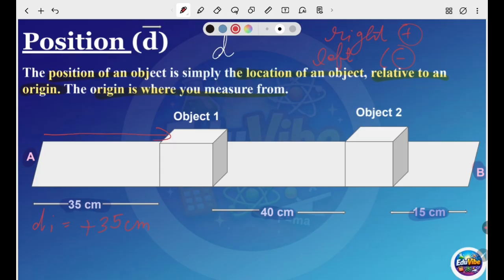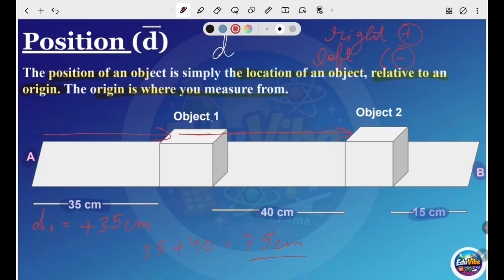Now here it goes 35 centimeters, and after object 1, they travel to object 2. So when they travel to object 2, they have a total distance of 35 plus 40, which is 75. When they start from A to object 1, they travel 35 centimeters.